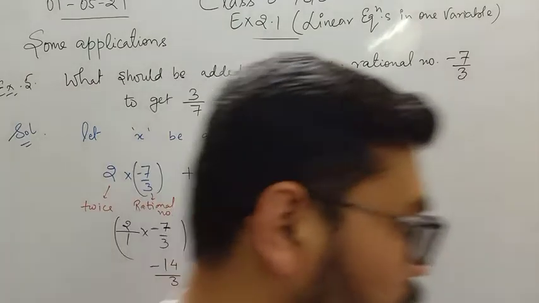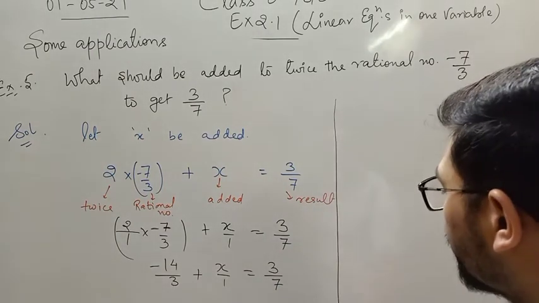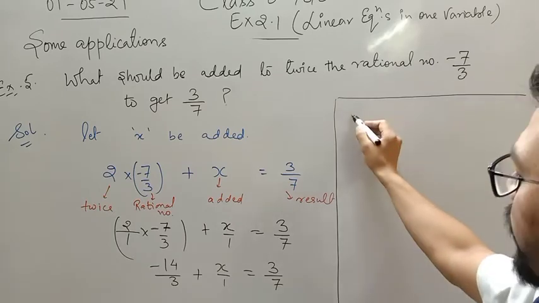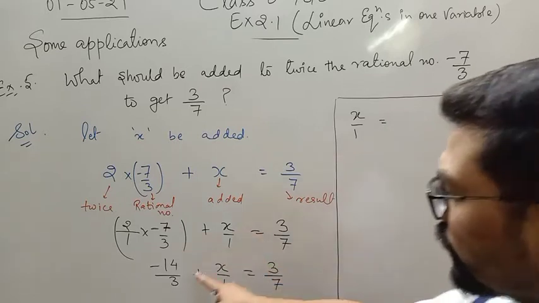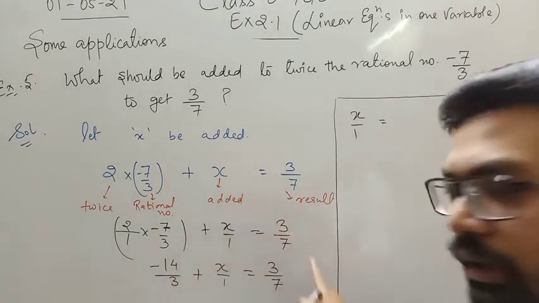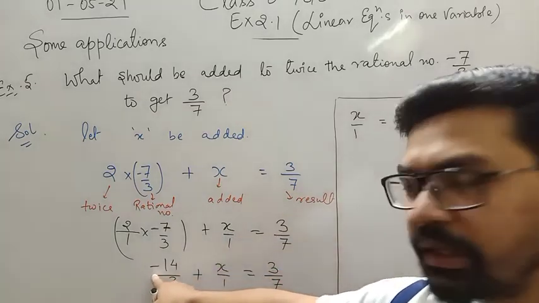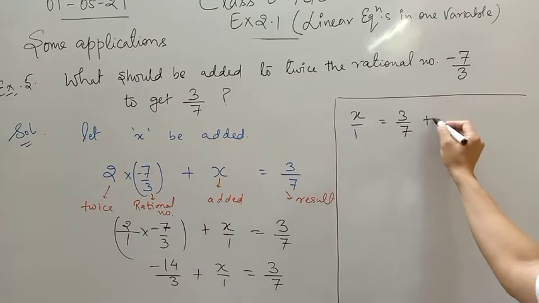Now how to solve this expression? Let x upon 1 stay as it is in the LHS. I just transpose this minus 14/3 to the RHS. What I'll get? 3/7. Here it is negative, so when I transpose it to the RHS, the sign gets changed.